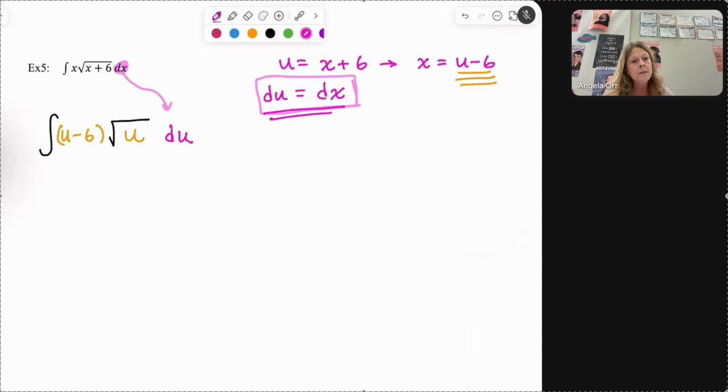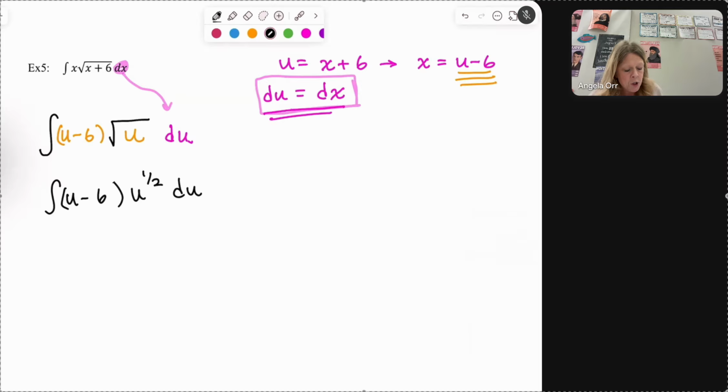Okay, so I've substituted for all the components that have x or dx, and I've turned them all into variables with respect to u. Now I can do a little bit of algebraic simplification. This is the integral of u minus 6 times u to the 1/2 du.